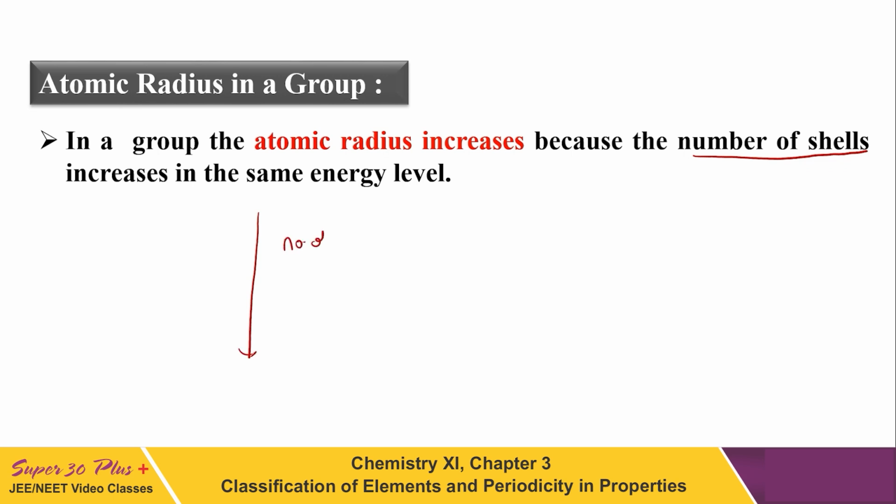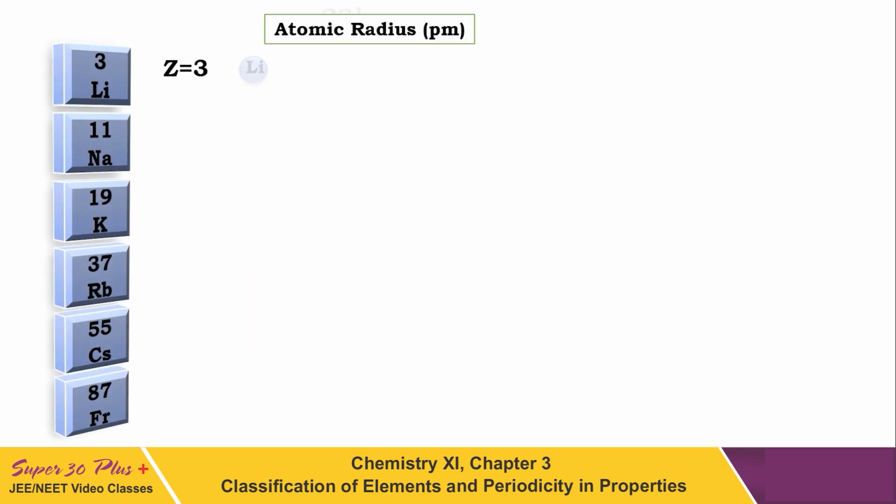So the number of shells, number of orbits, increases down the group continuously, and change in the shell is a very big factor which influences the atomic radius, because for higher shells atomic radius is more. So when we go down the group, atomic radius increases, and here is the figure.